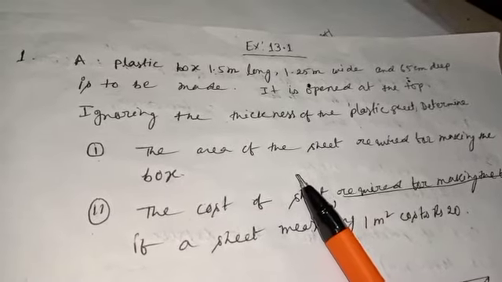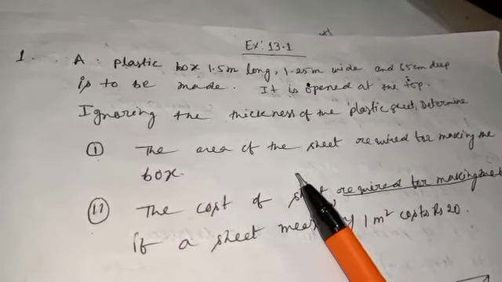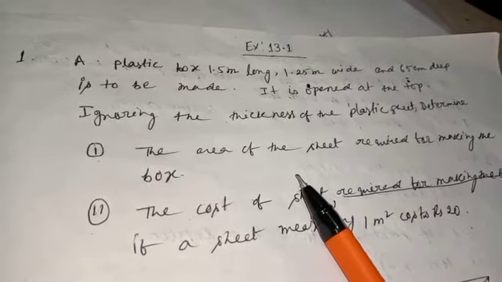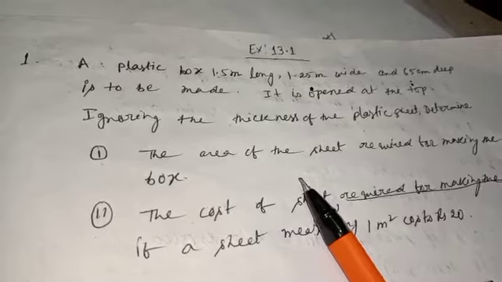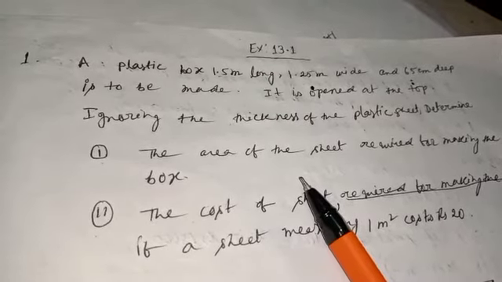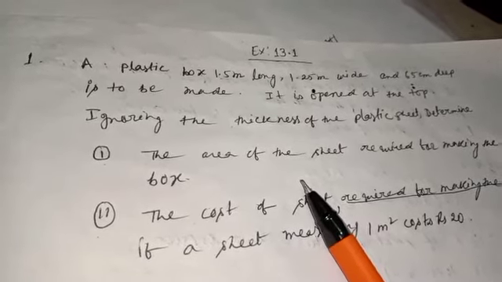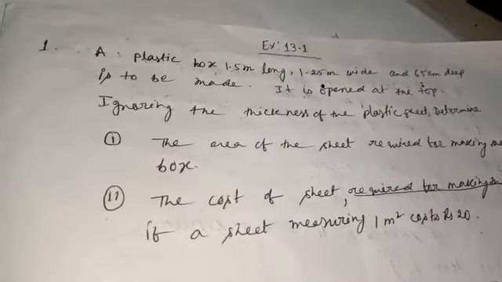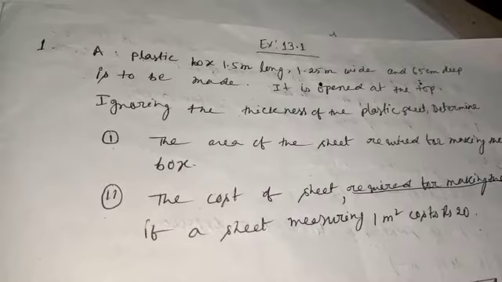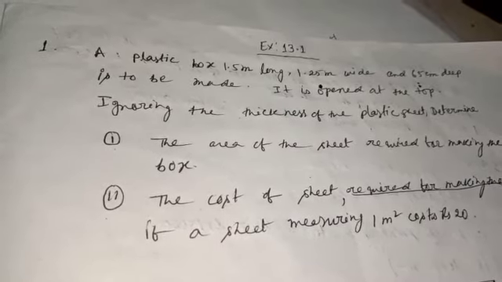To find this, you need to find the area of the surfaces. But one surface is not needed. Which surface? The one on the top, because it is given that it is open at the top. I hope all of you understood. So that means area of four walls plus area of the bottom.